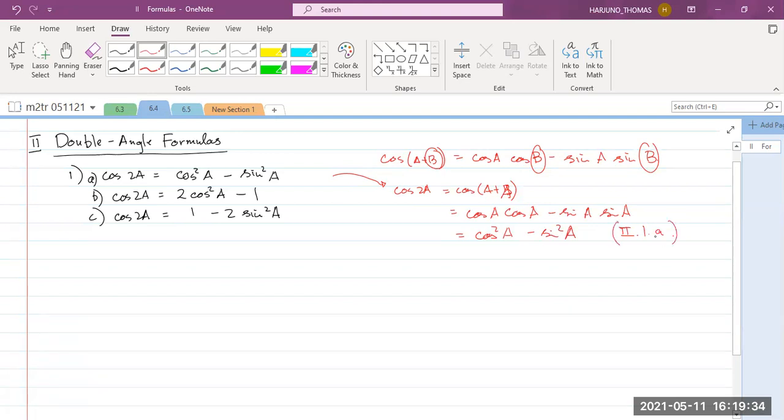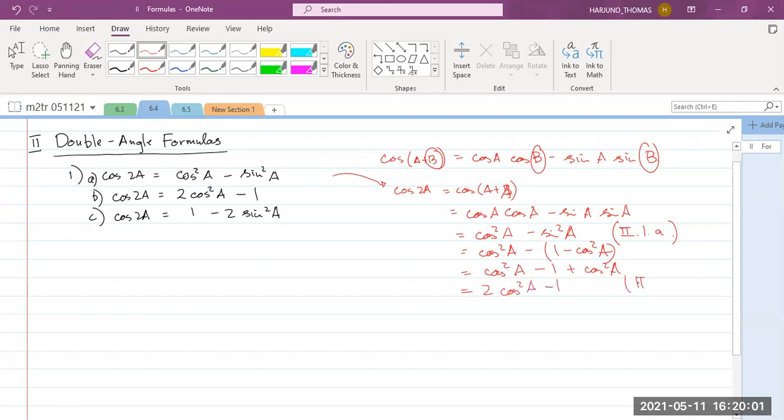The second group, the first formula, the first variation. Now, if I replace sine squared a by 1 minus cosine squared a, that becomes cosine squared a minus 1 plus cosine squared a, which is 2 cosine squared a minus 1.